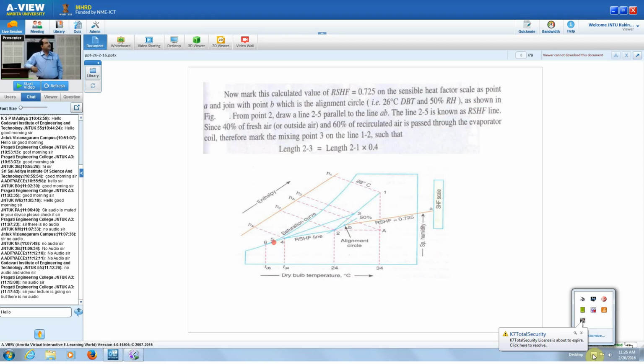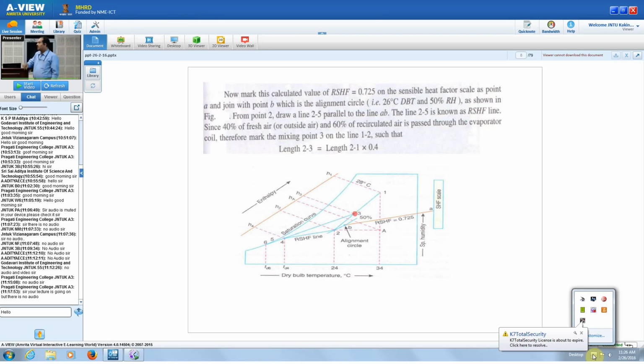Since 40% is fresh air taken from the outside, and 60% is the recirculated air after the conditioned space through the evaporator coil, mark the mixing point 3 on the line 1-2. I think you know the 1-2 line, and that is given.